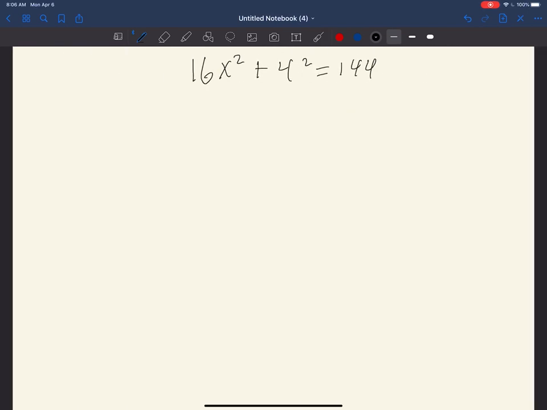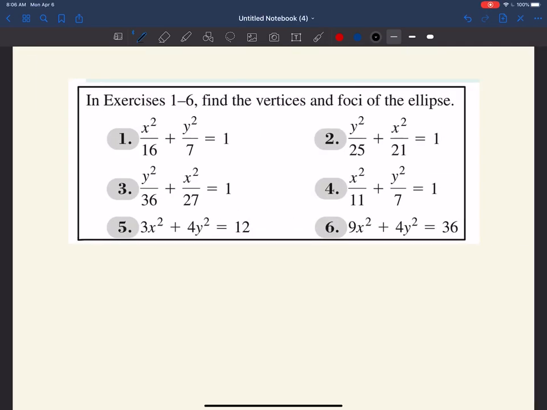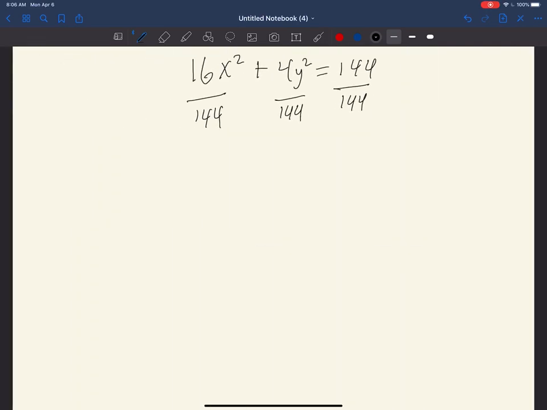This is another example. So again, we want it to be equal to 1. So divide by 144 both sides. Now we have to simplify by dividing by 16 on the numerator and divide by 16 on the denominator. When we do that, we're left with x squared over 9.